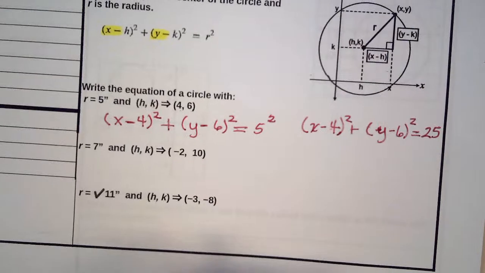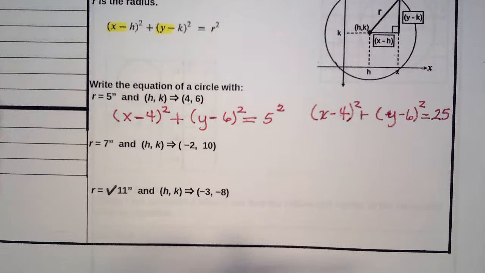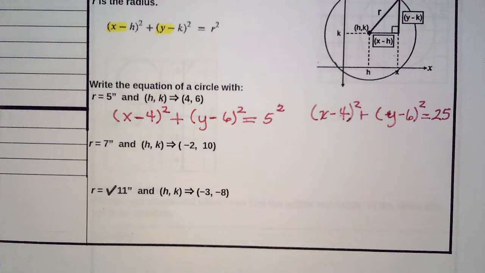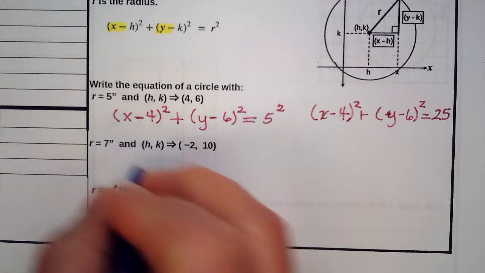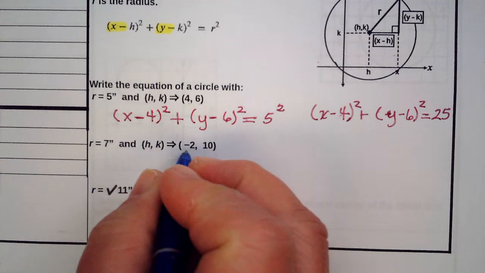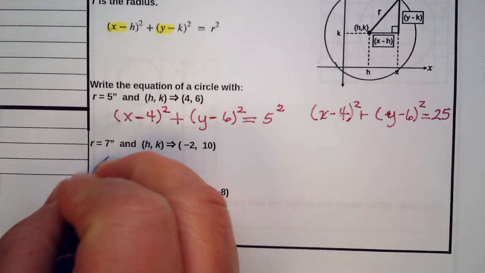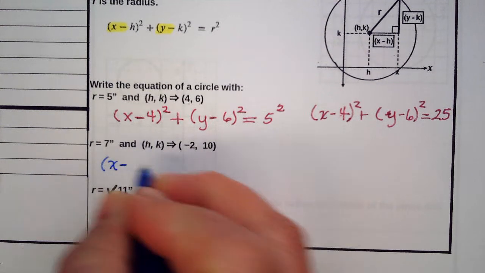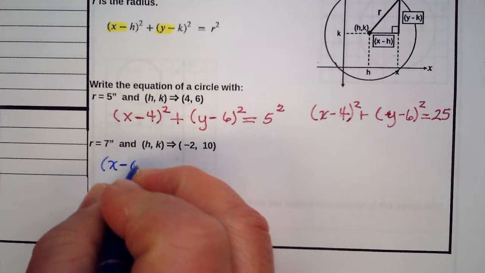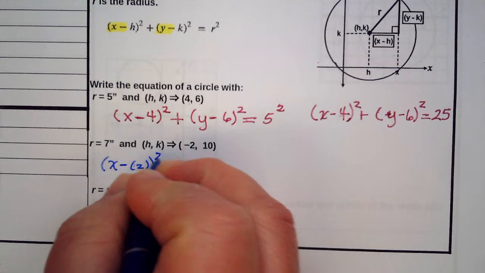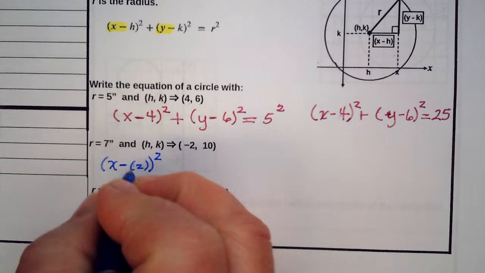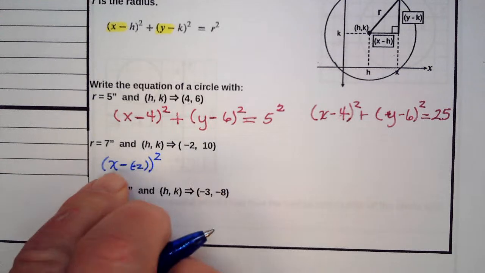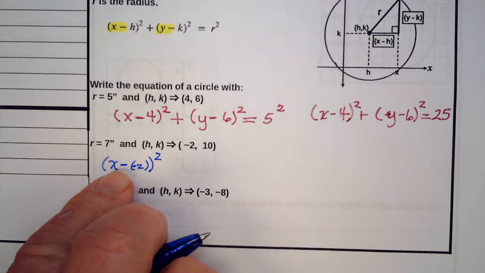Okay, the next one looks almost identical, just with different numbers. Remember, the x minus and the y minus do not change. h, k is negative 2, positive 10. x minus, what is h? Negative 2. We still have to square that. Even though it is negative, we still subtract.